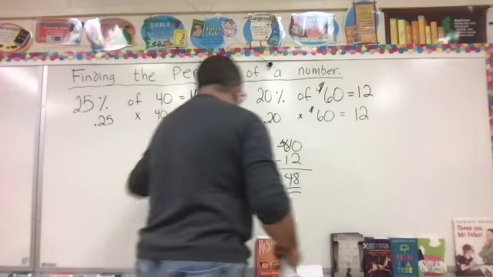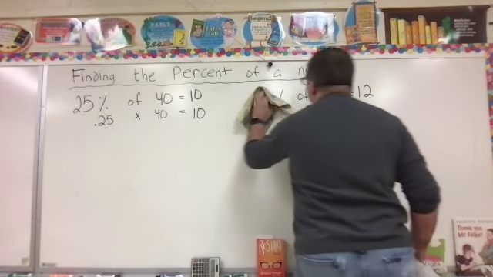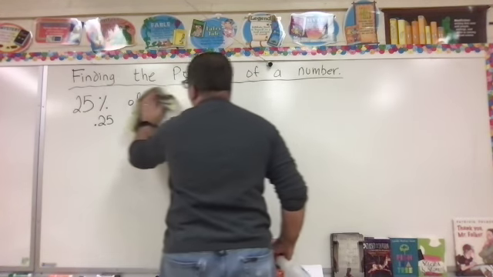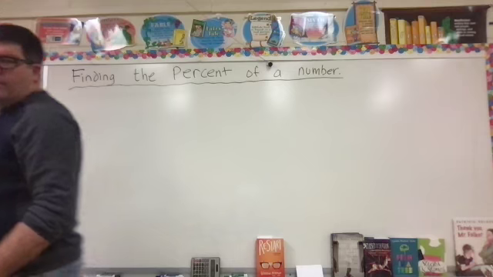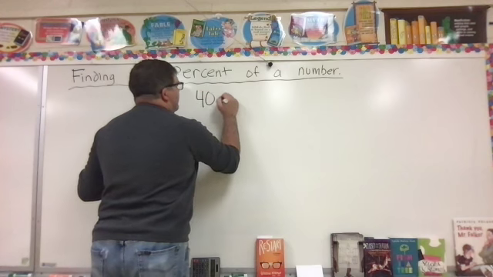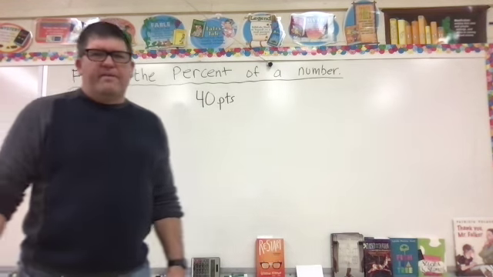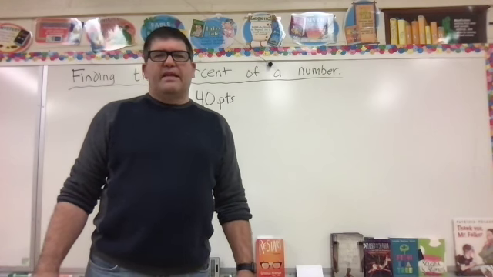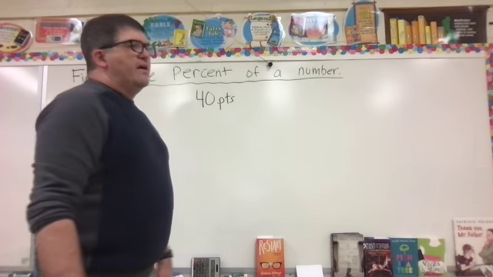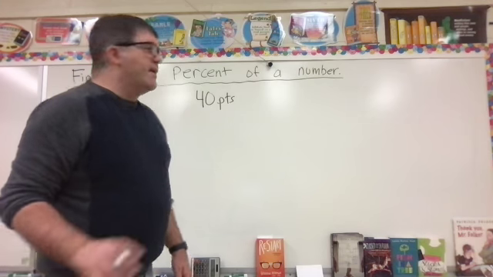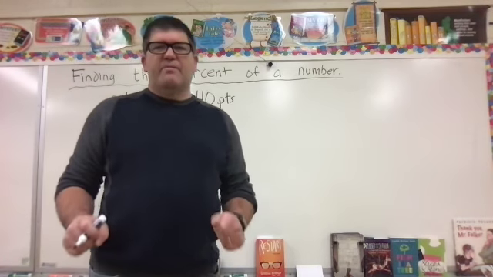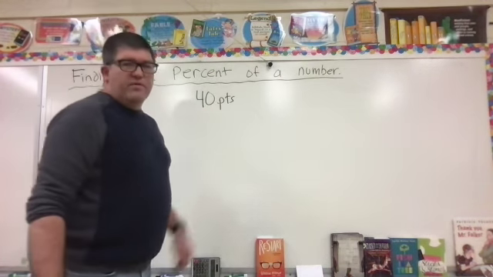If a teacher would tell me a test or a quiz is gonna be worth 40 points, I wanna know what I have to get if I wanna get an A. And I know an A is 90%. So I wanna get 90% right, and it's out of a total of 40.